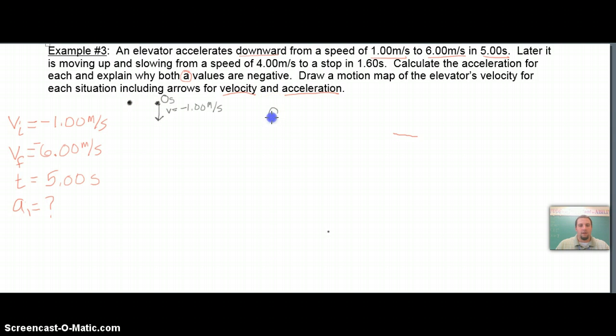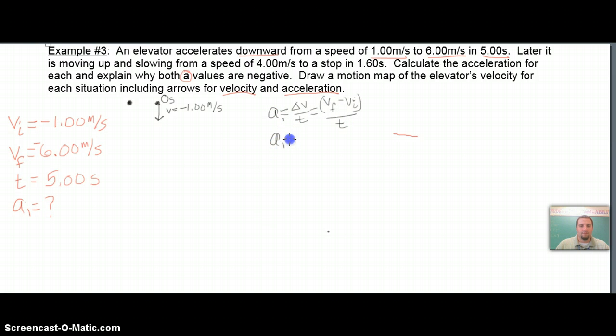The equation for acceleration is change in velocity over time. We know change in velocity is final velocity minus initial velocity over time. So here's our equation with variables. We have our givens. Let's plug our numbers in and calculate acceleration 1.